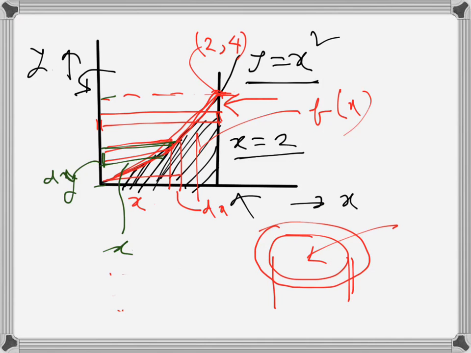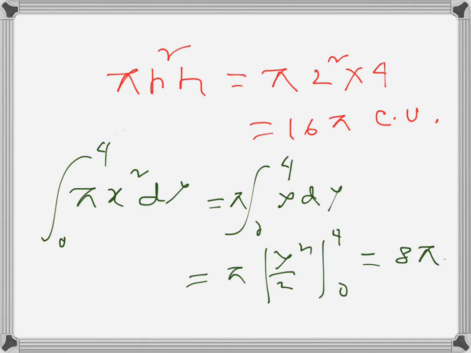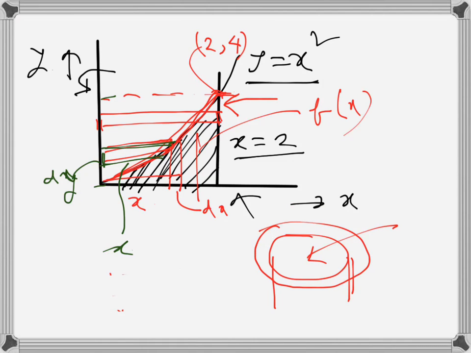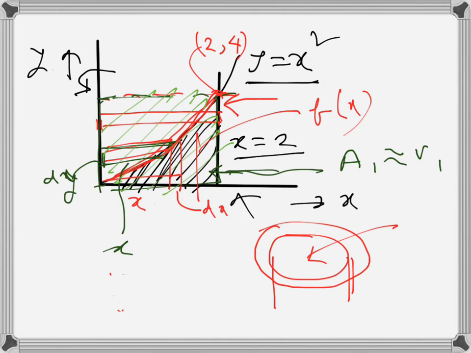Now let's look at two of the areas. The first area, call it A1, has the corresponding volume V1, and is enclosed by the straight line x equals 2 up to y equals 4.